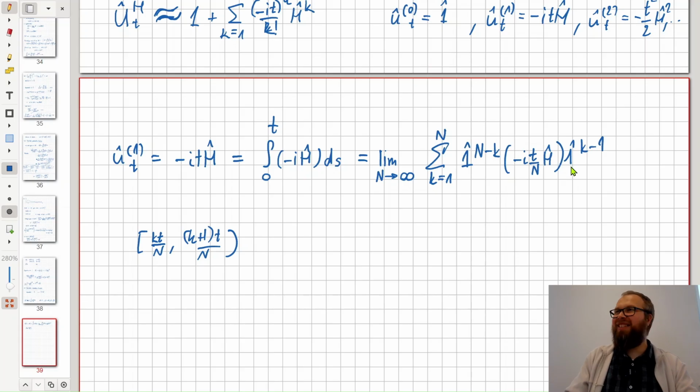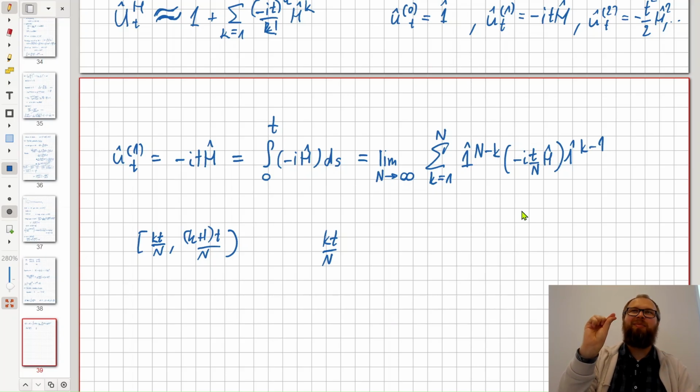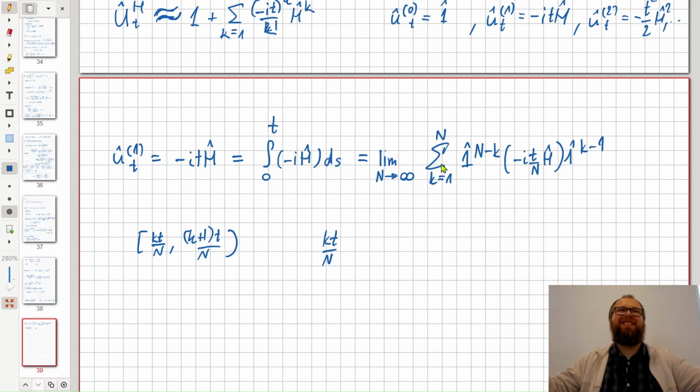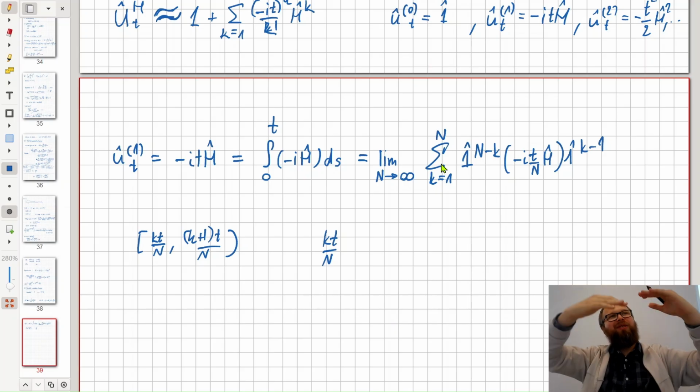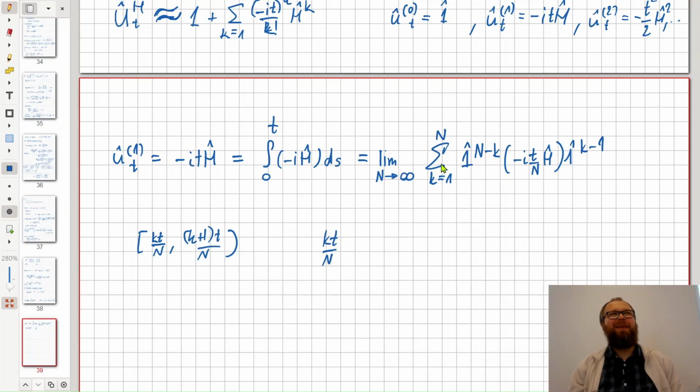Because of the identities, except for the one moment in time at kt over n, when this infinitesimal impulse perturbation kicks in, and then we go back to nothing happens until the time ends. So we have the impulse happening at the first step, the impulse at the second, third, and so on. And you sum up all those things. Okay?